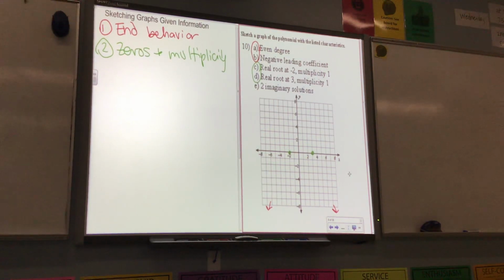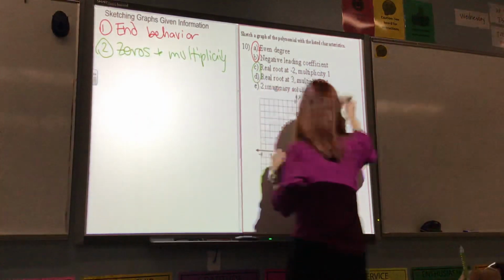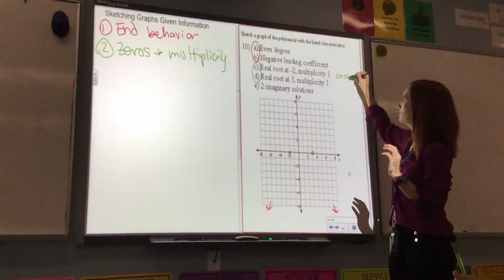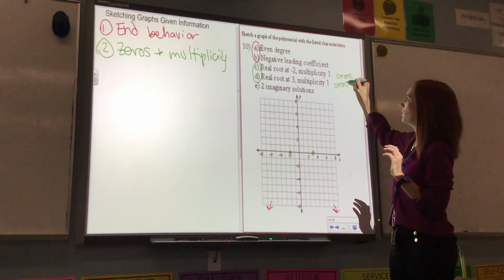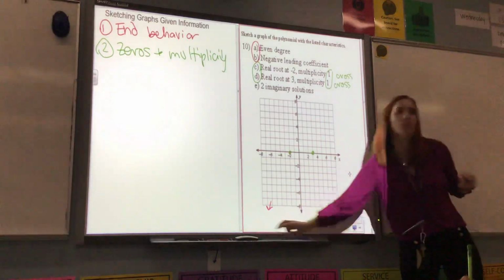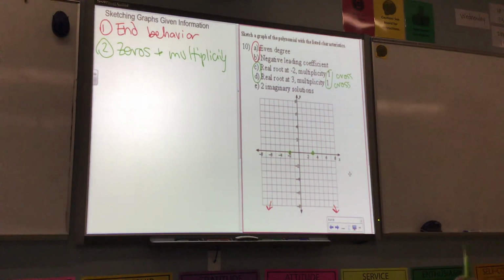Will my graph cross at those points or just touch and turn around? Figure out also for your multiplicity if they cross. Do you agree both will cross? Since these are ones, those are both odd. So at both points, it will go through the x-axis.